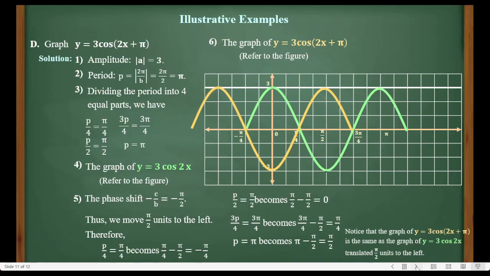Now the yellow-orange graph is the graph of the required function. Now this is the required graph.